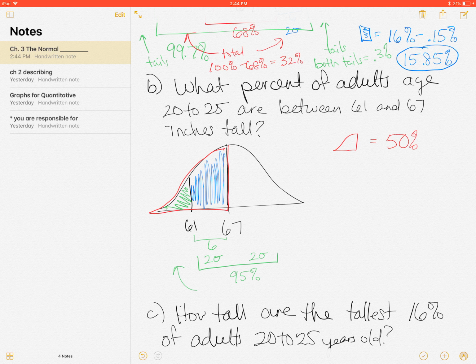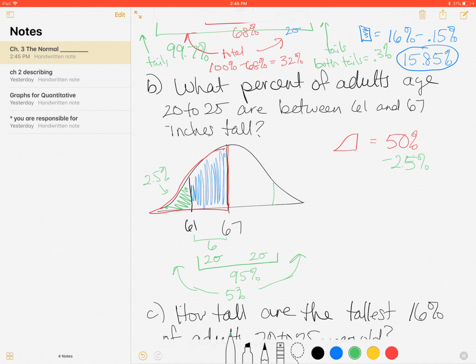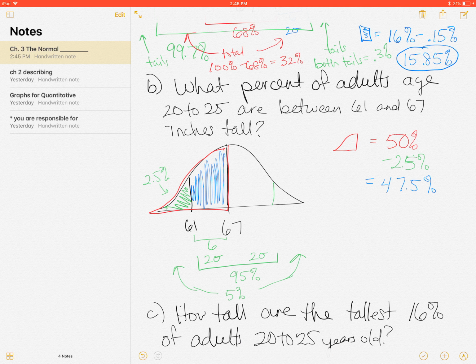So that means the outsides together are the rest of that 100%, or 5%, and each of these is 2.5%. And 50% minus 2.5% equals 47.5%.